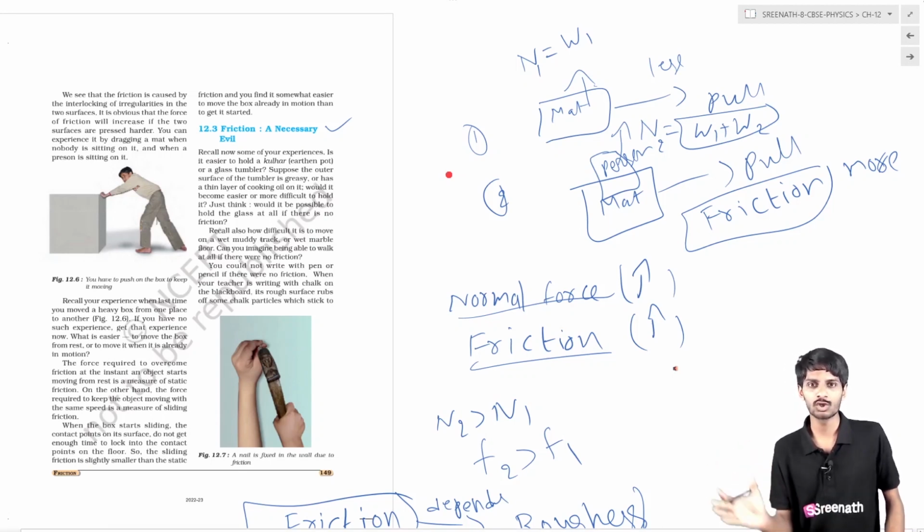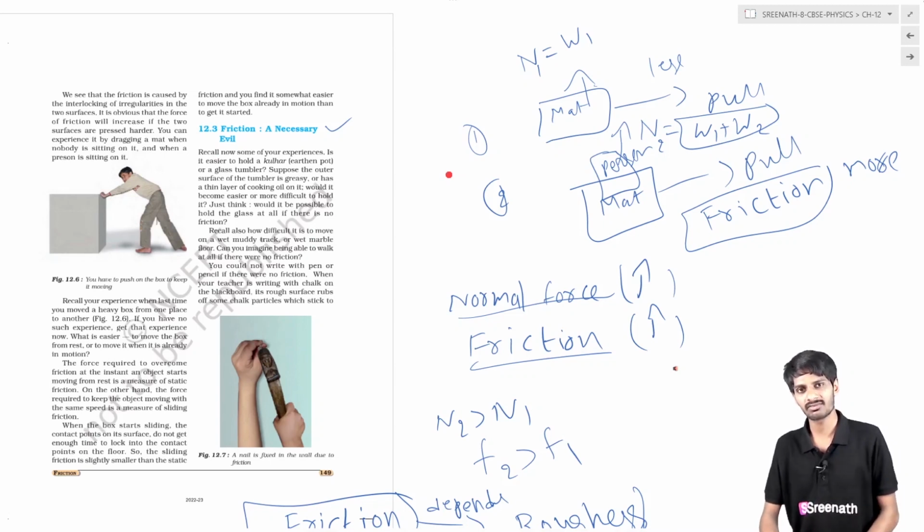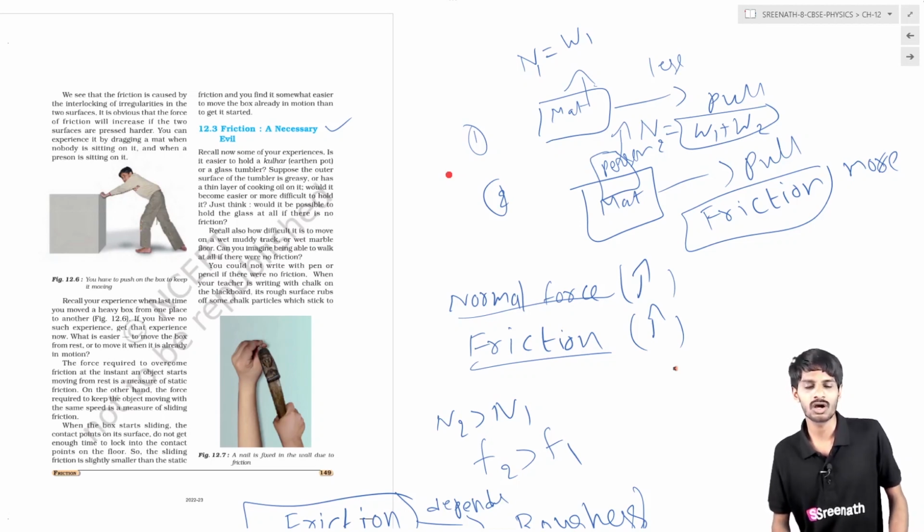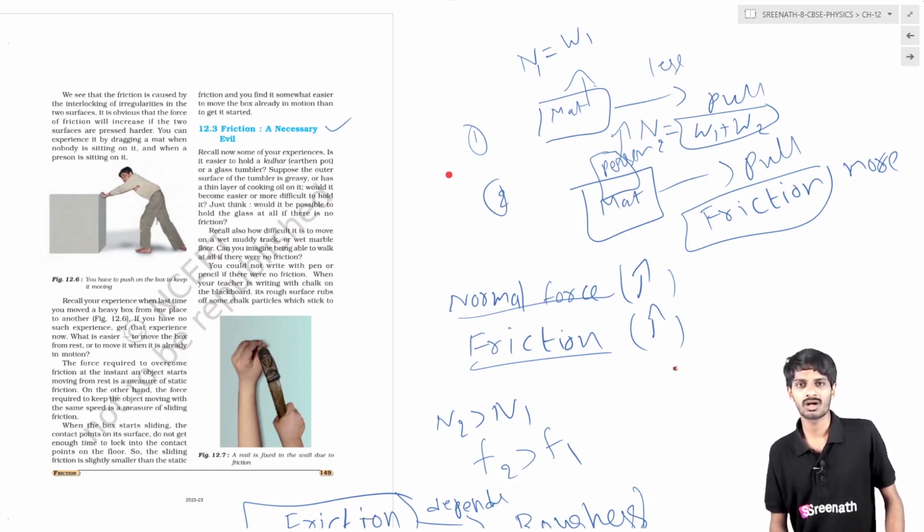Suppose a room has just been cleaned and there is so much water on the surface, a smooth marble stone surface, and now we have to walk on that surface. What happens? It will be more difficult than walking on a normal road or normal surfaces, which means without friction we can't walk.